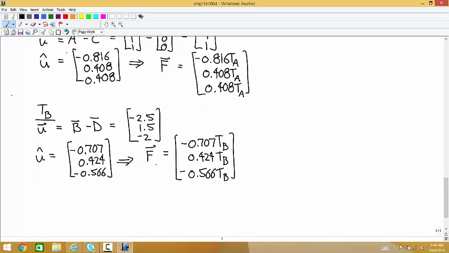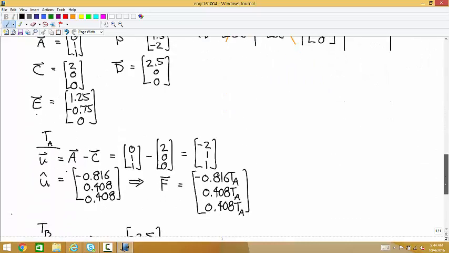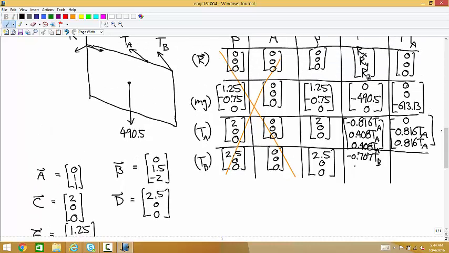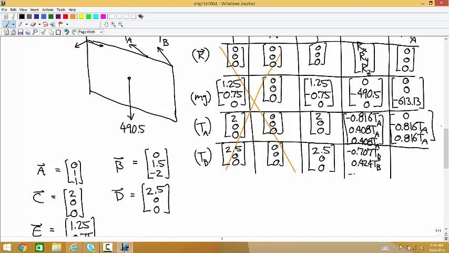So we calculated a unit vector going to B from D, and then multiplied it by the force TB. So negative 0.707 TB, 0.424 TB, and negative 0.566 TB.